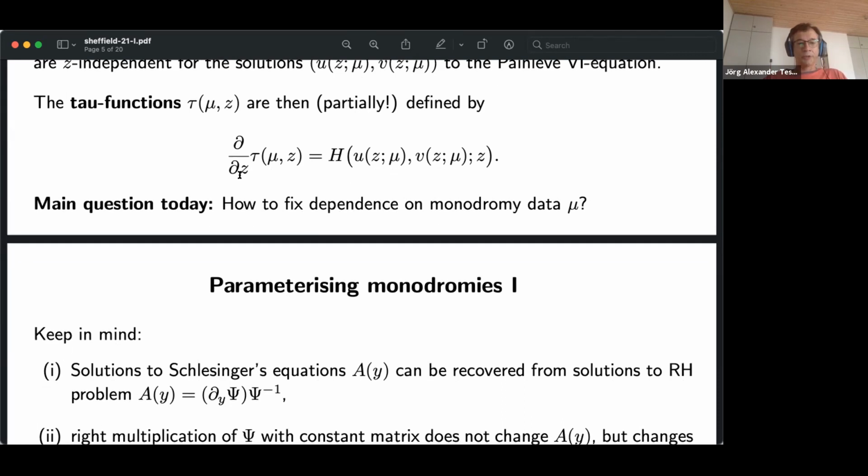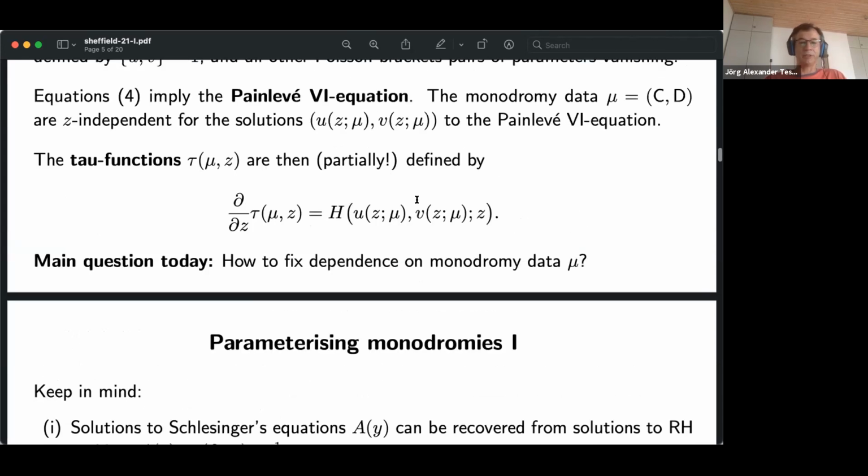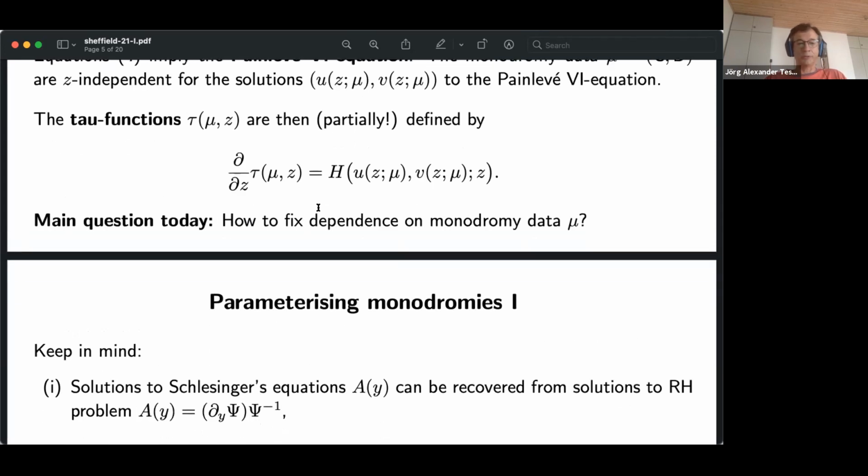And what you see is, of course, if you have found a tau function satisfying this condition, then you could multiply it with any function of the monodromy data, the matrix elements, say, of these matrices C and D, and you will get another tau function, because the z derivative doesn't see any of the data contained in u.